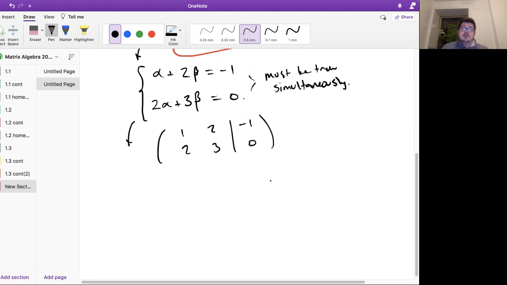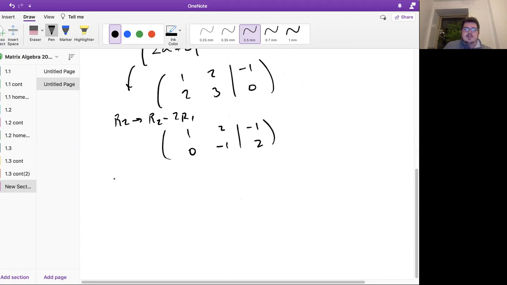Okay, so now let's solve it. So we know how to do this, so I won't ask every single step. So row 2 minus 2 row 1. So this is a -1, this is 2. And then we can do negative row 2.